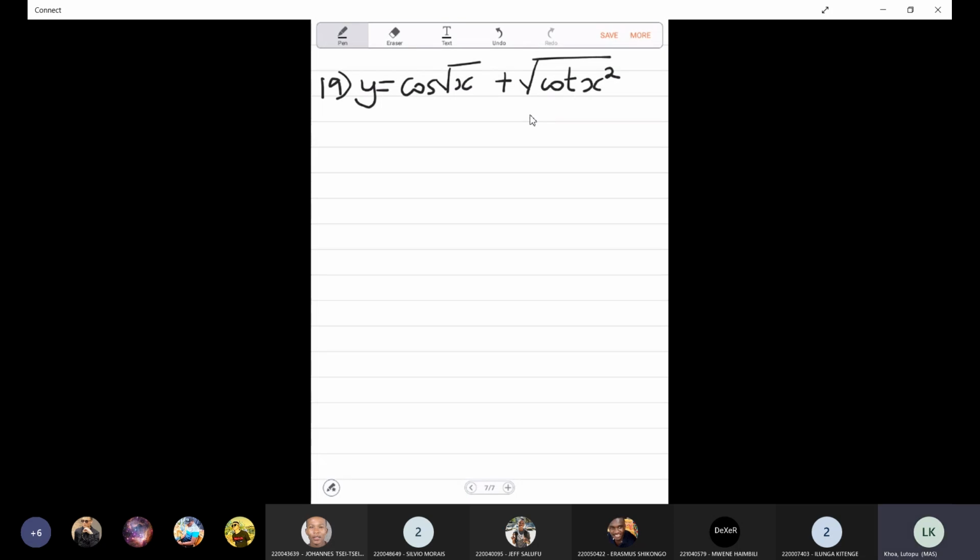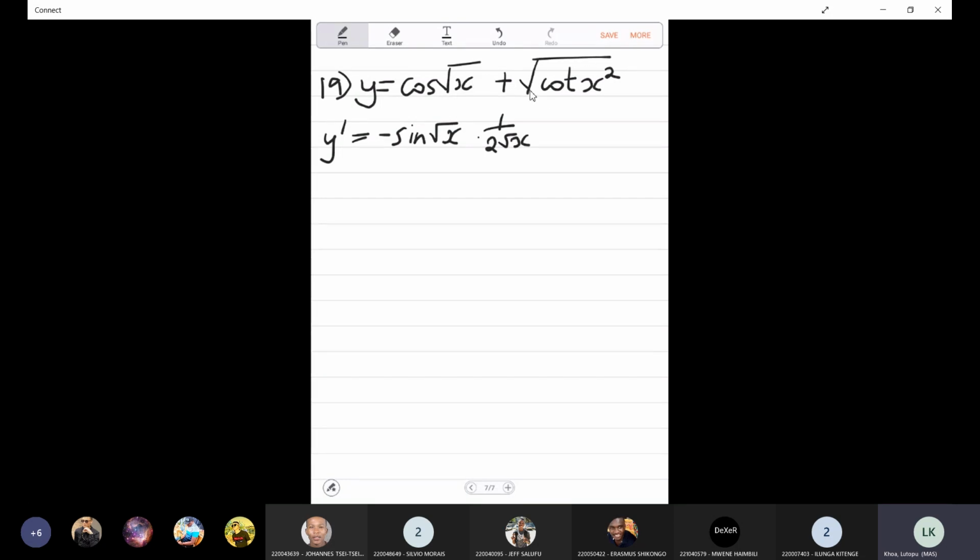We can't simplify it any further before we differentiate, so we just get straight into differentiation. The derivative, of course, is negative sine, so I have negative sine square root of x, and then you multiply by the derivative of square root of x, which is 1 over 2 square root of x.